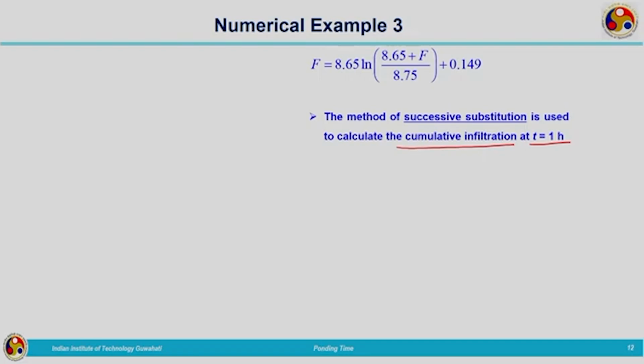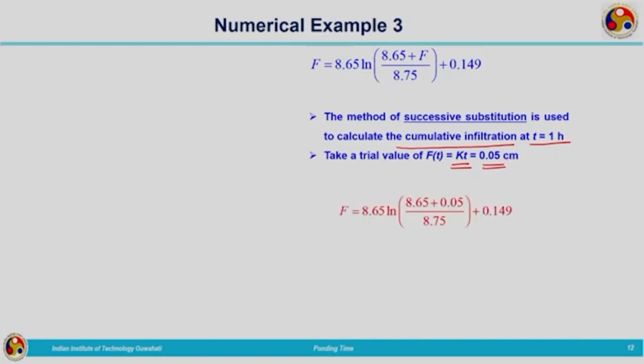So, first we need to make an assumption for F which is present on the right hand side of the equation. How have we made the assumption? We have taken the trial value as kT, that is k multiplied by t, which is 1 hour. So, it will be equal to k only, that is 0.05 centimeters.